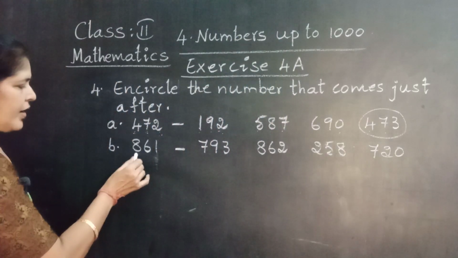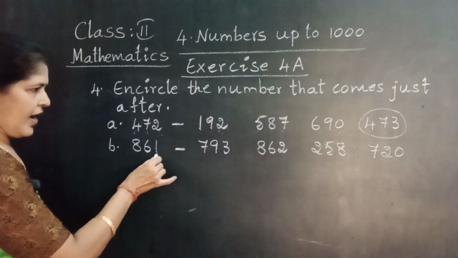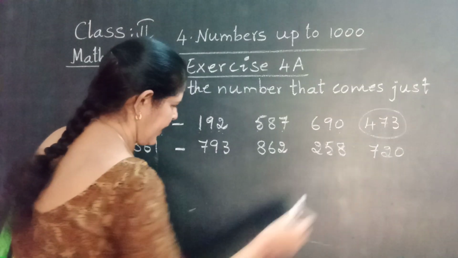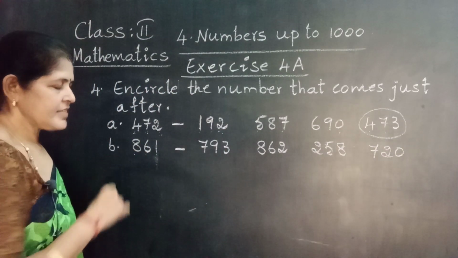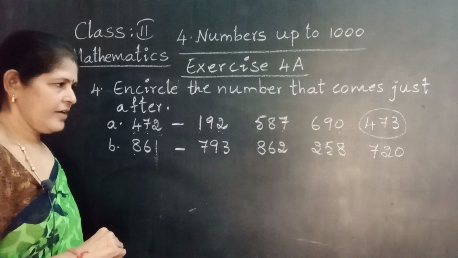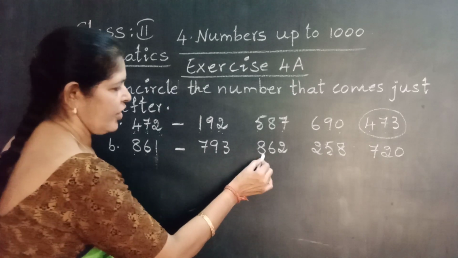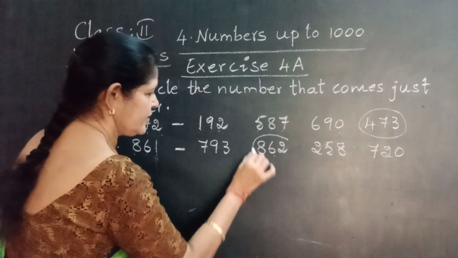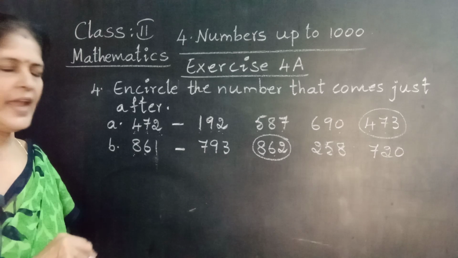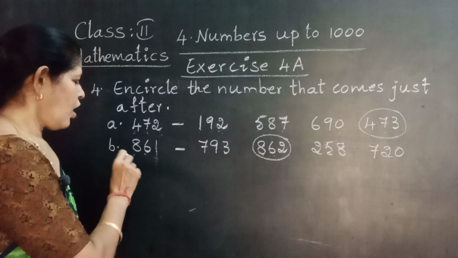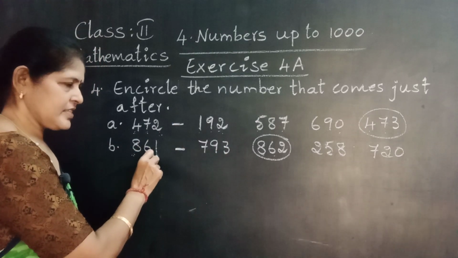What is the given number? 861. Here 4 numbers are there. Which number comes just after 861? Very good. 862 is the after number of 861. Okay, 862 is the after number of 861.